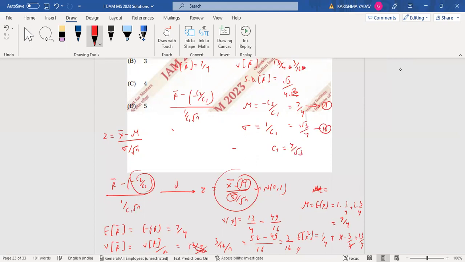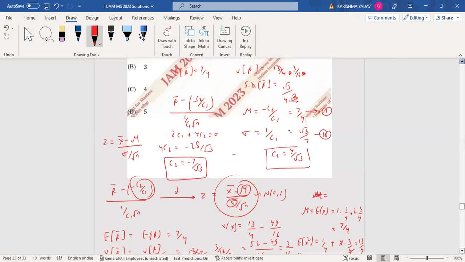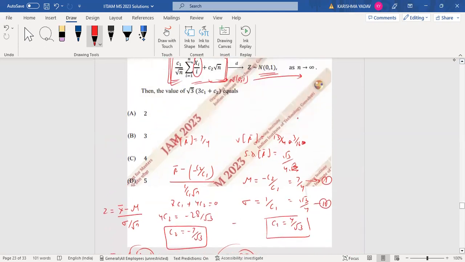And my c2, if I solve this, 7c1 plus 4c2 is equal to 0. So 4c2 is equal to minus 28 by root 3, so c2 will be equal to minus 7 by root 3. So we got our c1 and c2, that is 4 by root 3 and minus 7 by root 3. And what do we have to find? We have to find root 3 times 3c1 plus c2.